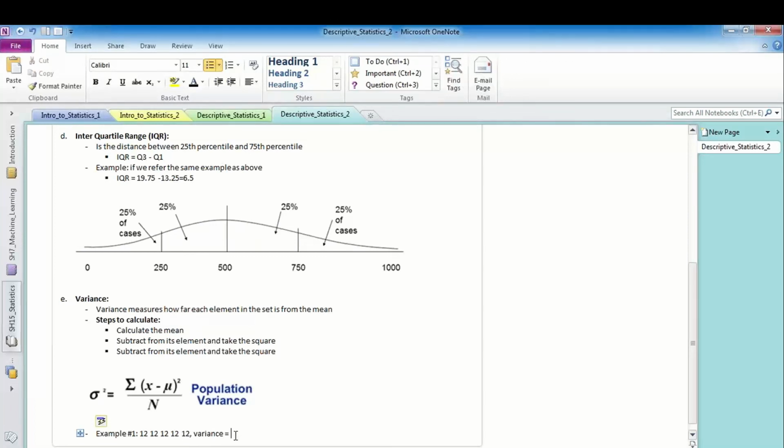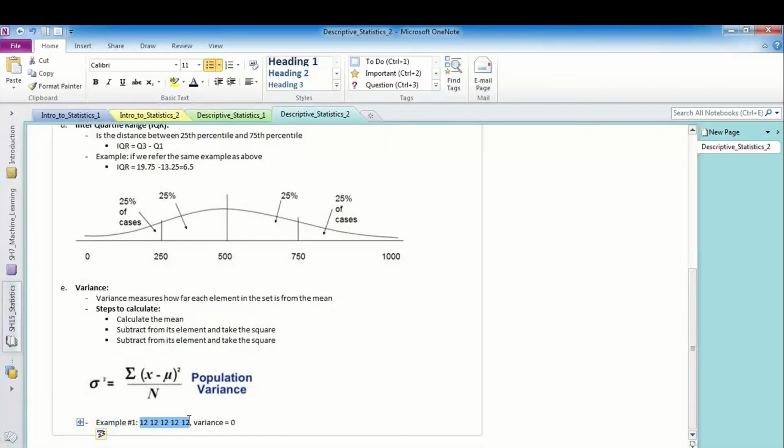Mean is 12. X is an element. So is it going to be 0? Obviously. So this is how, if you're able to understand something, the moment you see this, you could get stuck.